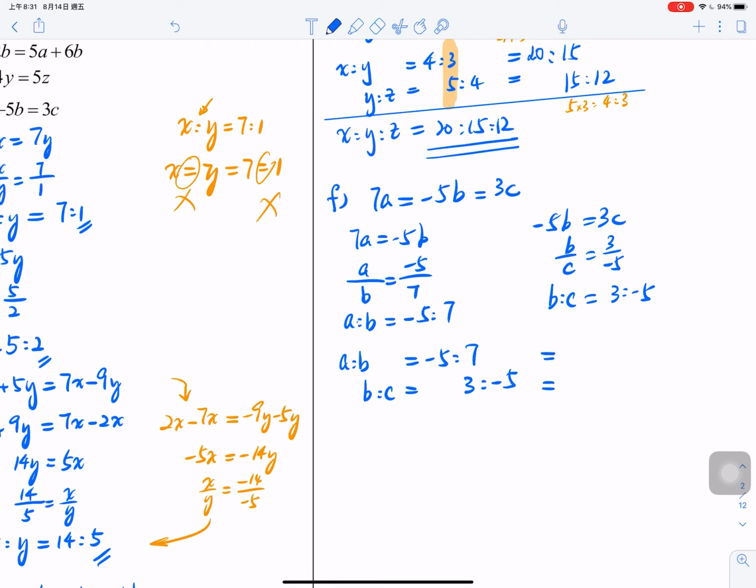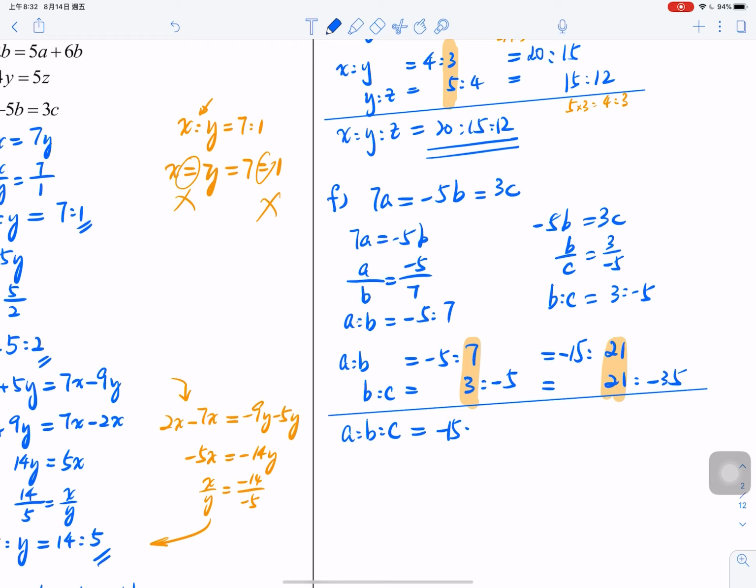Yeah, this one becomes 21, right? The common value b is expanded to 21. So this one negative 15, right? And this one negative 35, correct. So at the end, a to b to c equals negative 15 to 21 to negative 35. Okay?